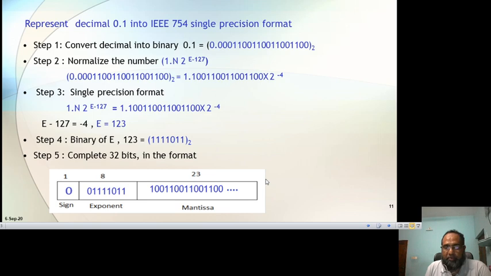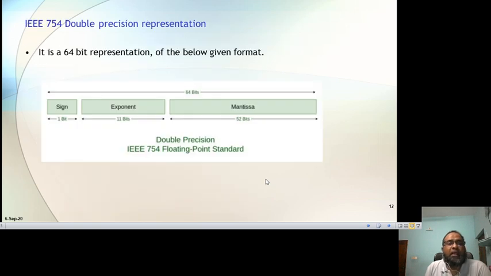Then in double precision, things remain the same except the number of bits. The first bit is for sign, then the exponent uses 11 bits, and the bias is 1023.